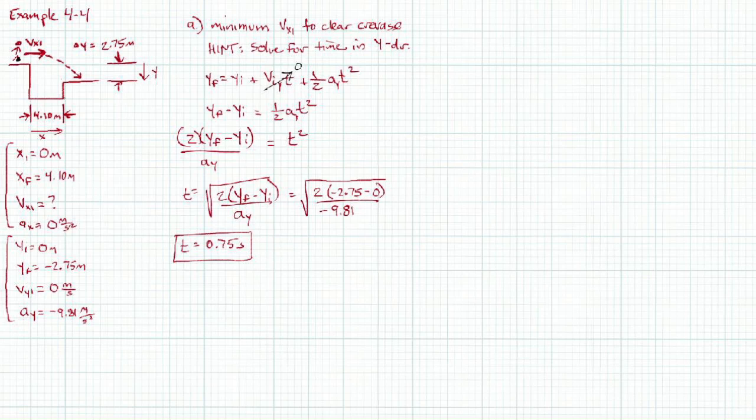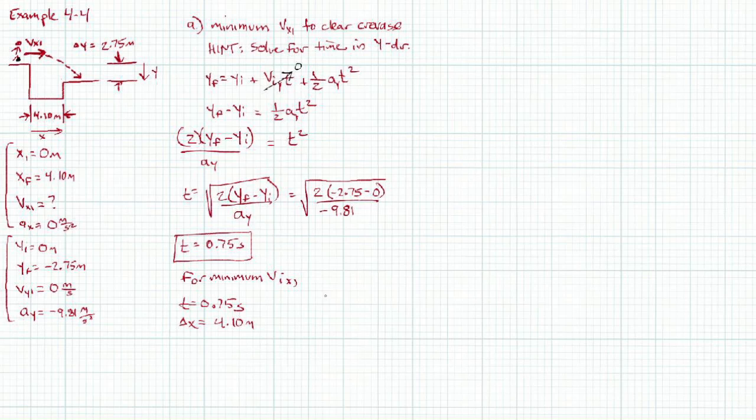So for minimum velocity in the x direction, and this is just a continuation of part A, for minimum initial velocity in the x, how do we solve for that? Well, we have a time, t equals 0.75 seconds. We have a distance, the minimum distance that needs to be covered is the distance in the x direction, right? Delta x is 4.10 meters.